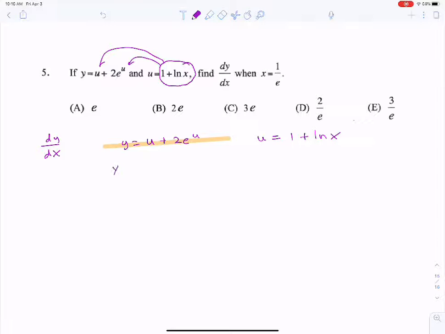I'm going to say y prime equals the derivative of u, which is u prime, plus 2e to the u times u prime. Would you guys hopefully agree? That's my derivative. I've done it implicitly. I have some more things to fill out, but that's where I am at this point. Are there any questions on that?